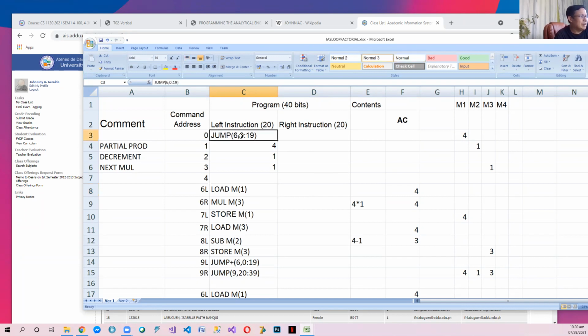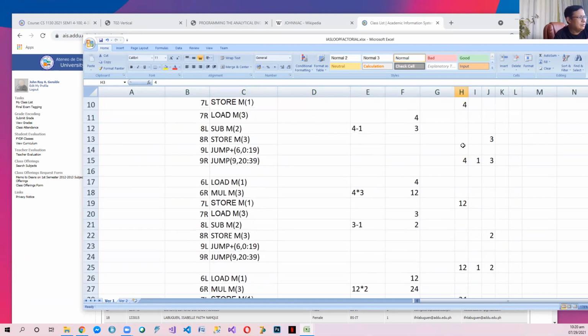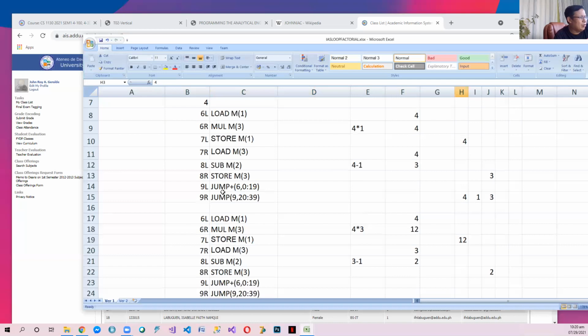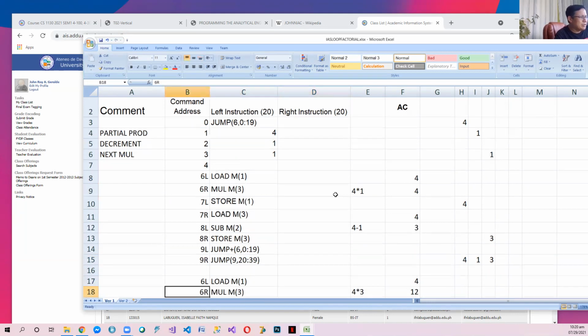So this is jump 16 because this is our partial product. Our decrement, our next multiplier is M3 here. Our result, this is an example where the result is stored in M1. We have a halt here. This is a shorter program. This is a much shorter program because this is a better computer. So this is the first pass.